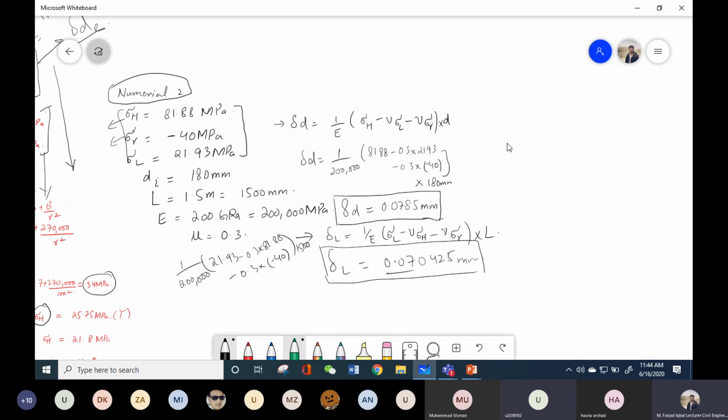In this question we can't because we don't know the internal or external pressure. For boundary conditions we do need some values. Obviously we know the internal pressure, that is 40 megapascal at r equal to, let's say, 90 millimeter. But what about external pressure?